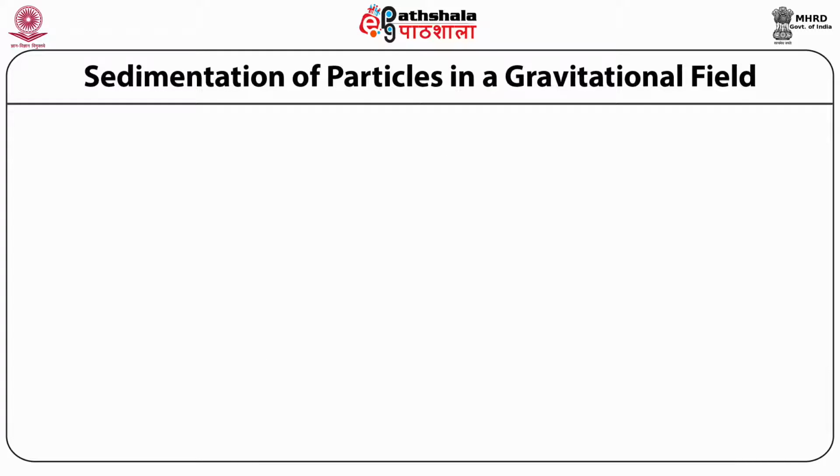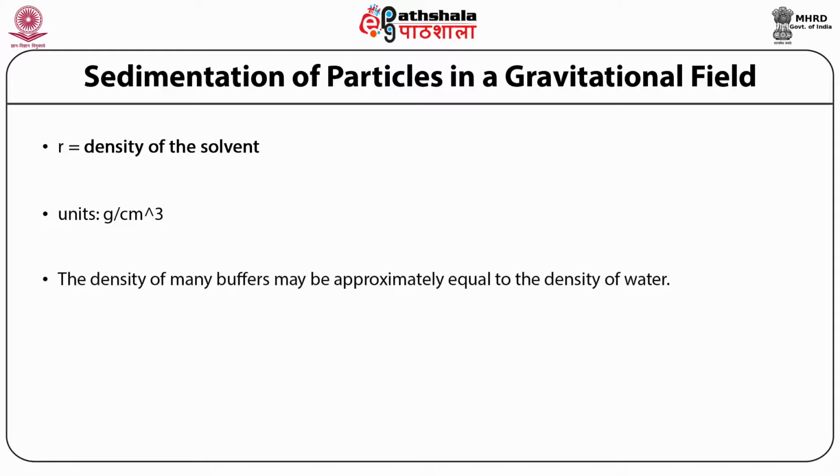Then we also need to know the density of the solvent because it is an equally important parameter, and the density is given as gram per centimeter cube. The density of many buffers may be approximately equal to the density of water. The density of water is 0.998 gram per centimeter cube at 20 degrees Celsius.